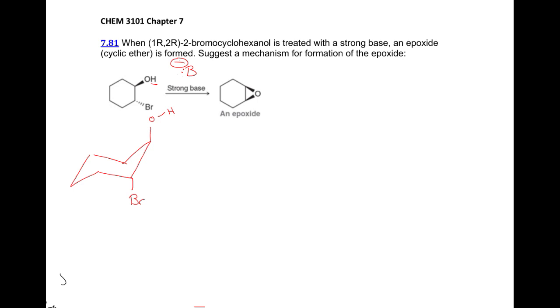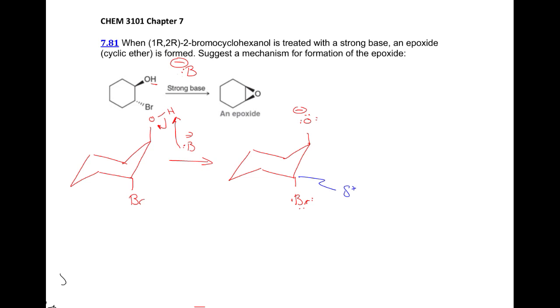But if I take my strong base and I deprotonate that, if I remove that proton, I'm going to get this intermediate where now I've created a nucleophile and I have an electrophilic center here, both in the same molecule, because you know that this carbon here must be delta positive because it's attached to an electronegative element, which happens to be bromine in this case. So therefore, I can get kind of an SN2 process here.